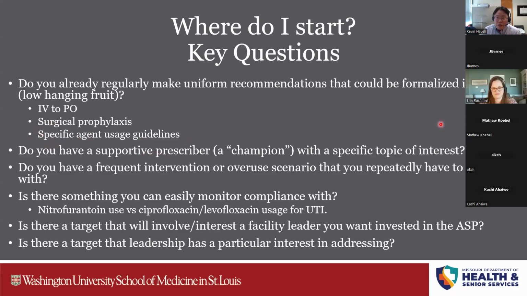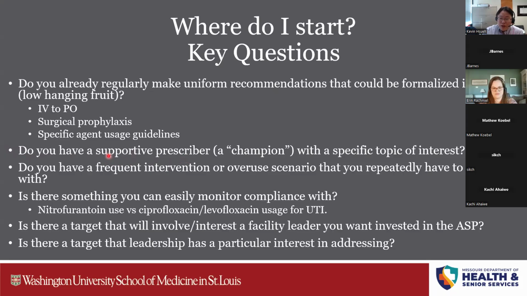If you don't have something that you're already doing, try to find things that you'll get the most support on. So do you have a supportive prescriber, a champion? This is language that's often used in quality improvement that has a specific topic of interest. Things that people grouse about other people misusing. Antimicrobials for community-acquired pneumonia, urinary tract infections, soft tissue infections are frequent common ones.